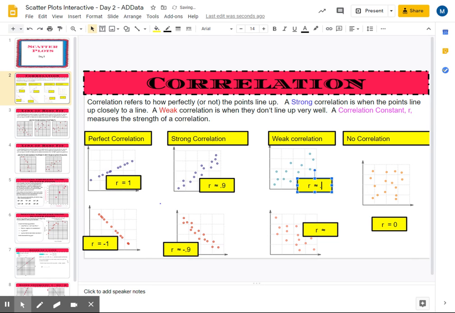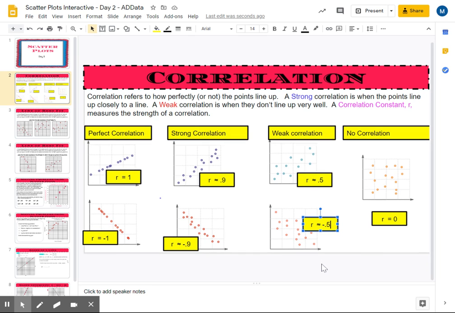We would call that a 0.5. And this one would be a -0.5 because this correlation is going down. These dots just aren't very lined up, but there is still some correlation. And same with those.